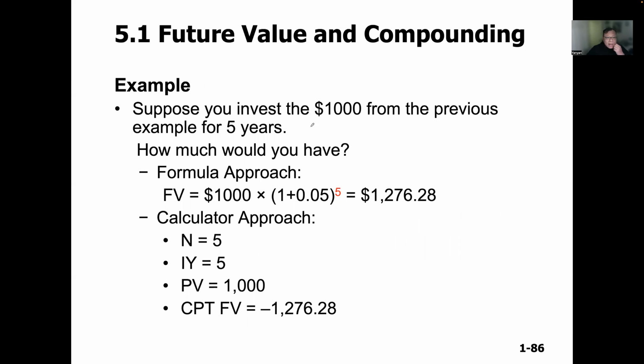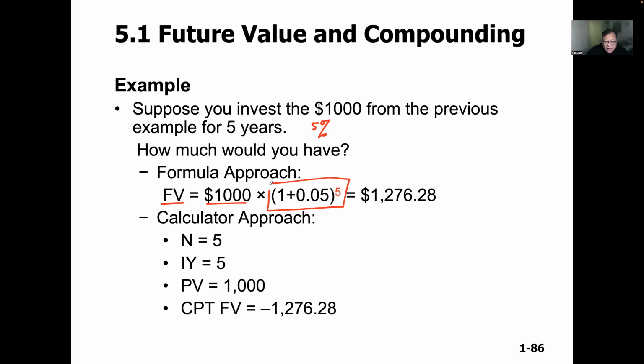This is one example. Suppose you invest $1,000 from the previous example for 5 years, and the interest rate is 5%. Okay, how much would you have? Well, you want to know how much you would have in the future, so you are trying to solve for the future value. The future value equals the present value, which is 1,000, times a compounding factor.